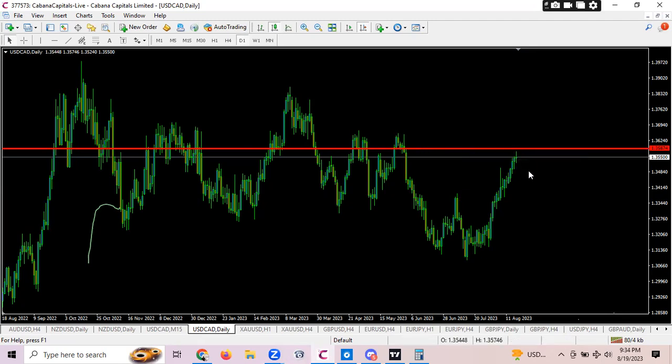So we had a spinning top. And like I said, for us to get a pivot of a candle, the range of the candle, that is the difference between the opening and the closing price of that candle, mustn't be less than 50 pips. It must not be less than 50 pips.